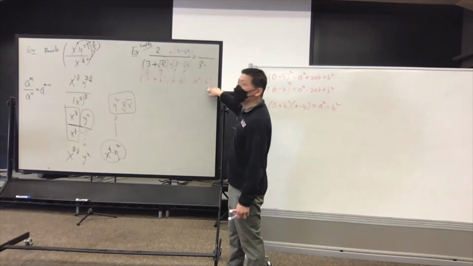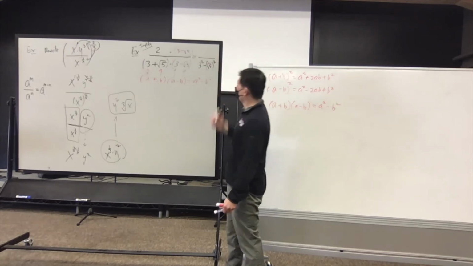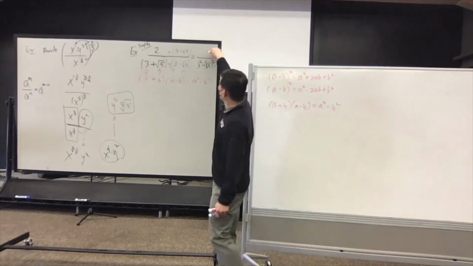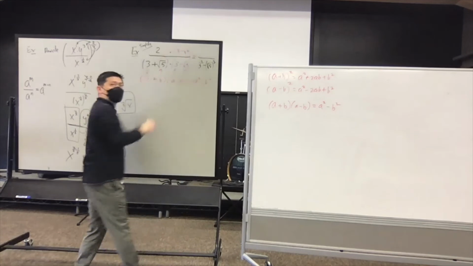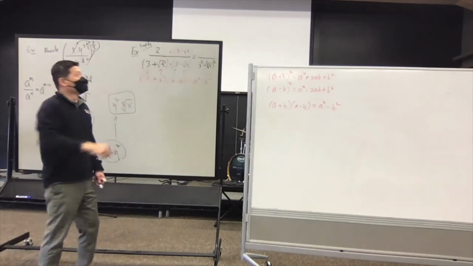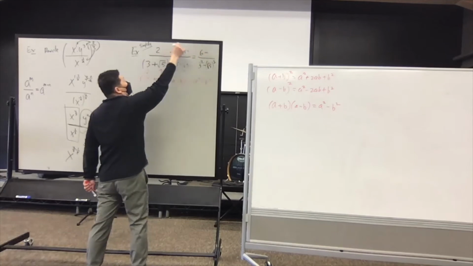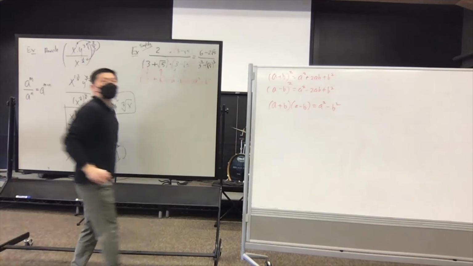Minus B is square root of 5, but that will get squared, so square root of 5 is squared. On the top, this is just 2 times this binomial, right? So it's 2 times 3 is 6, minus 2 times square root of 5, 2 square root of 5.